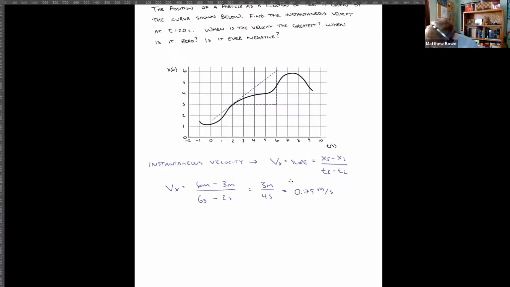All right. That is our instantaneous velocity, the velocity right at time equals 2.